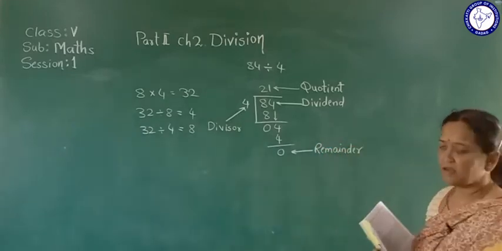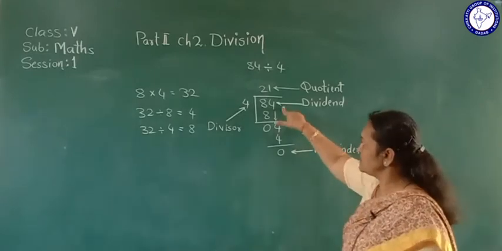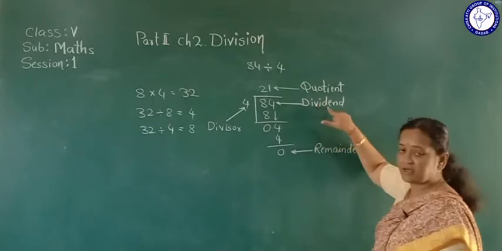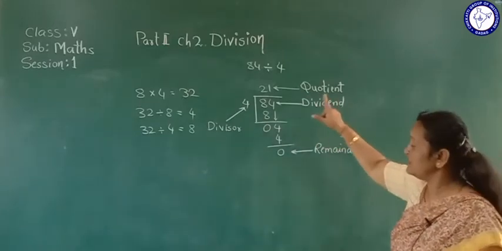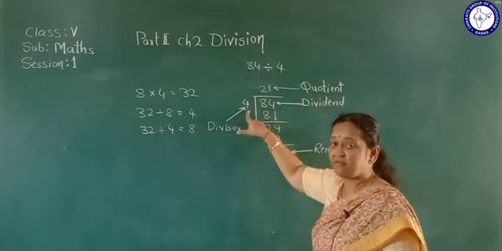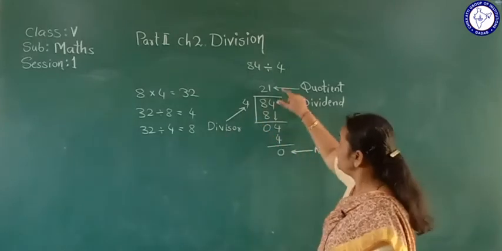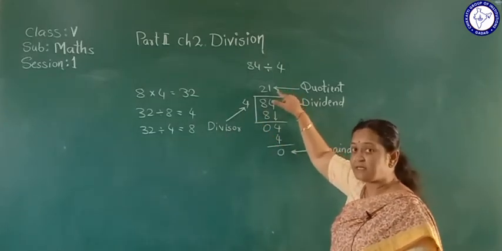Got this? Here the number which is divided by another number is called the dividend. Then the number by which we are dividing is called the divisor. Then after dividing we get some answer.